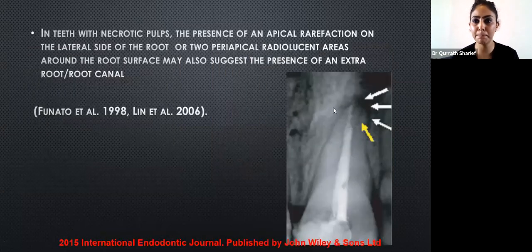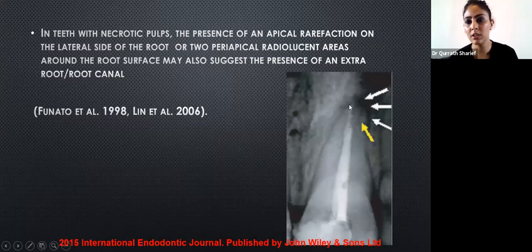Now I had put this picture to tell you that in this picture, the obturation looks quite fine for me. But still, there is a presence of periapical lesion towards the lateral aspect. And there is also a presence of a faint line here. So it's very important that if there is a lateral lesion, it can show that there can be lateral canals, apical deltas, or an extra canal.